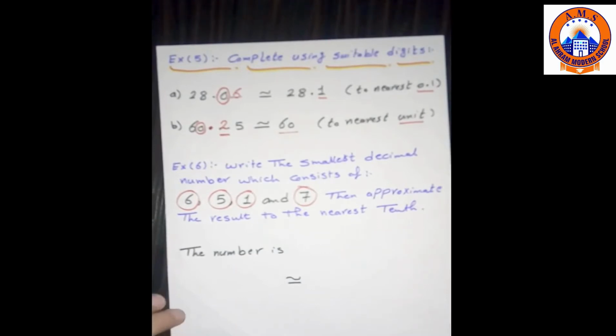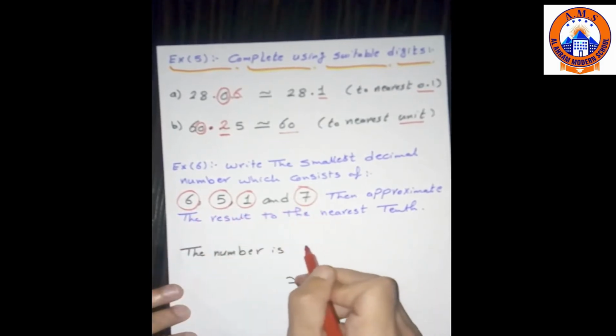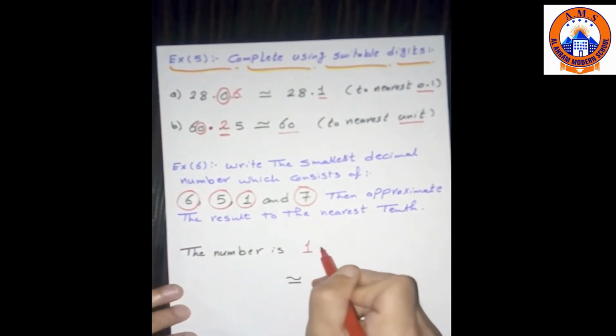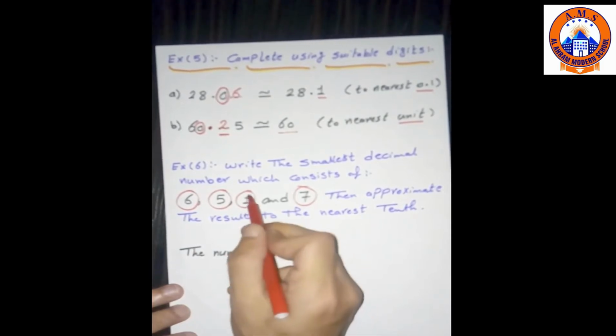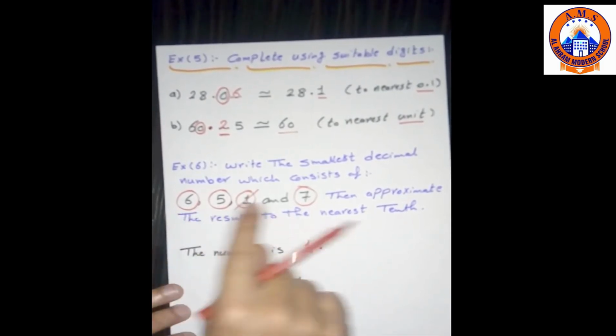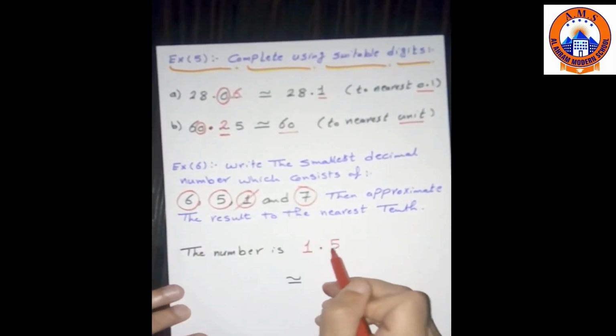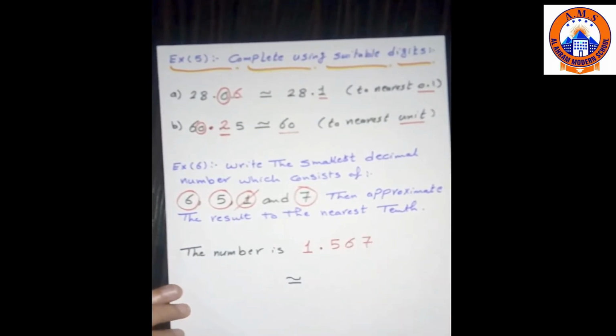So I will start with the smallest decimal number. The smallest number in these numbers is 1. Then I can put a decimal point. Then I have taken 1. We have 5, 6, 7. I'm gonna put them 5, 6, 7. So this is the smallest decimal number formed from 1, 5, 6, and 7.